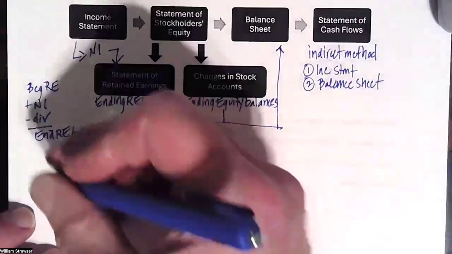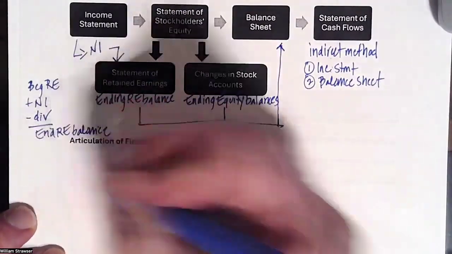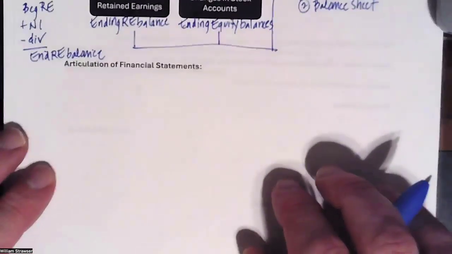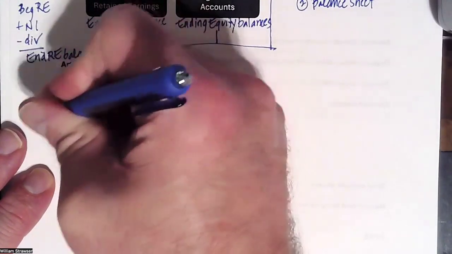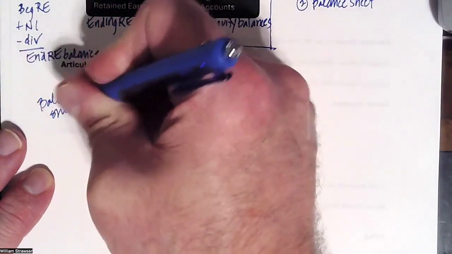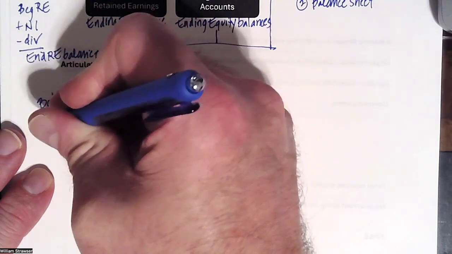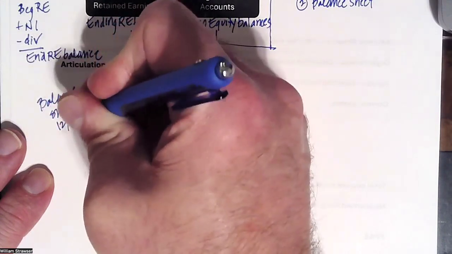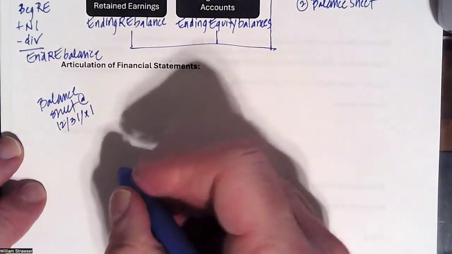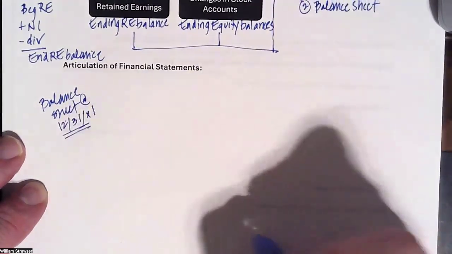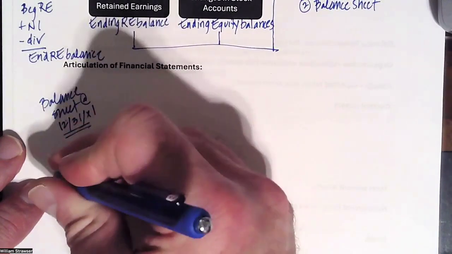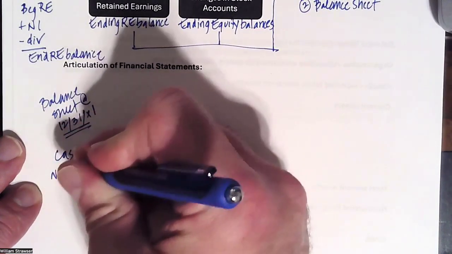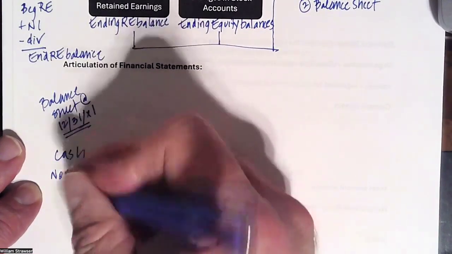Now, balance sheets, remember, are at a specific date. So I have a balance sheet at 12/31 X1. At that specific date, I would have, of course, cash, non-cash assets. I'm just doing very broad stroke generalizations.